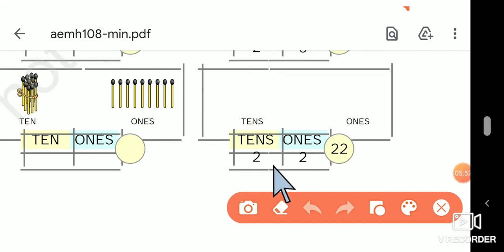We have two bundles and two ones, loose matchsticks.